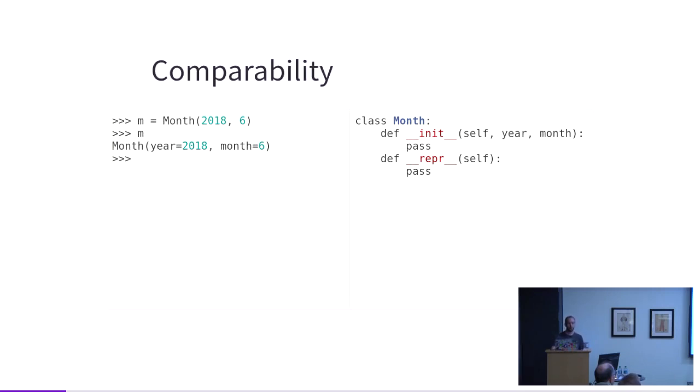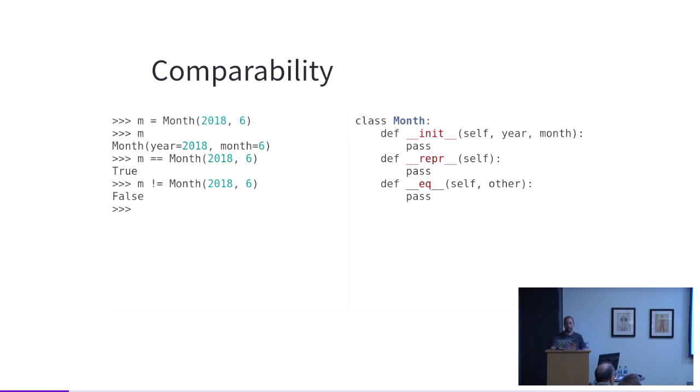If you wanted your class to be comparable to other classes using equality and using inequality, you need to implement dunder EQ. Dunder EQ is for equality. If you're in Python 3, you get dunder NE, not equal, for free. In Python 2, you've got to implement both of those. This is a Python 3 oriented talk, so I'm going to kind of leave that one out. We're only doing dunder EQ.